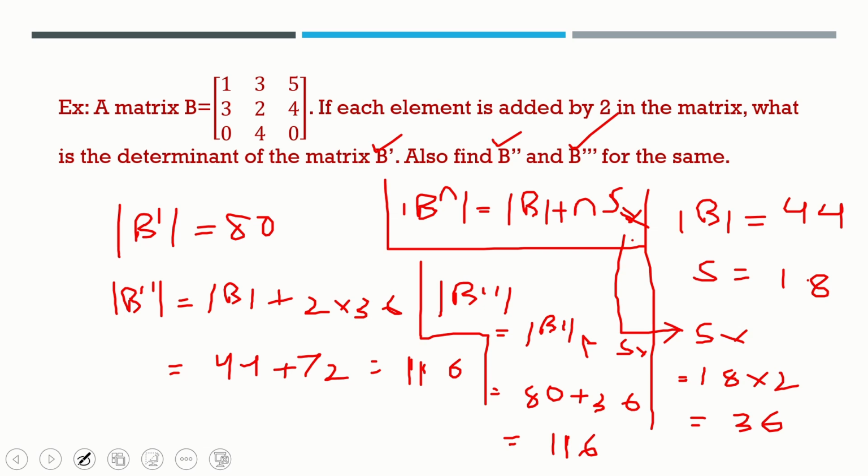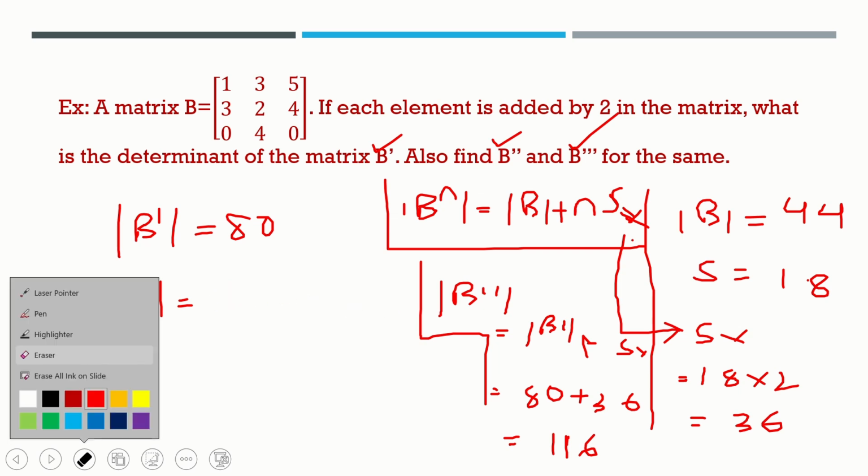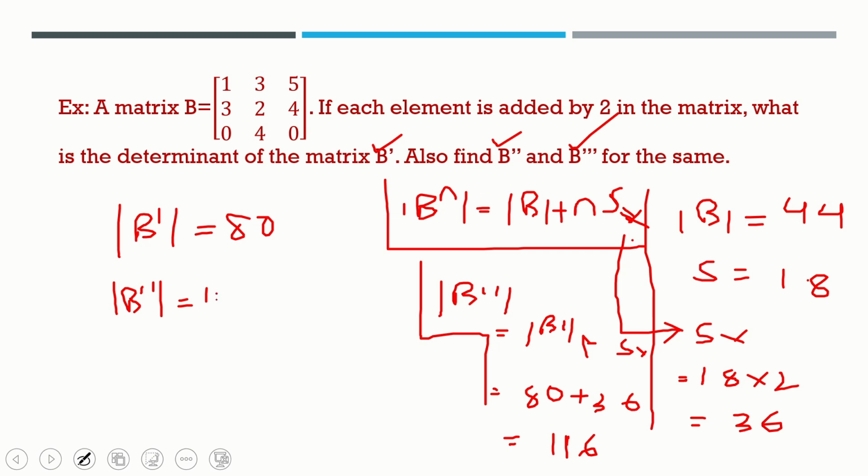Okay, now let us do the same for B triple dash.